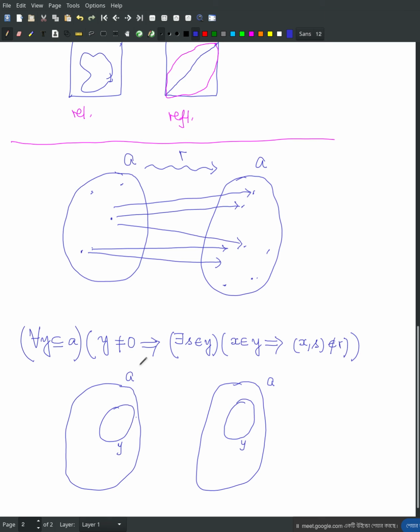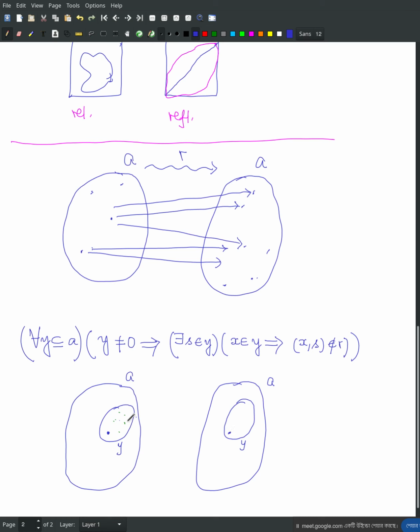Now it says that there exists an element over here such that for all other elements, whatever you might do, there is no arrow coming to this.